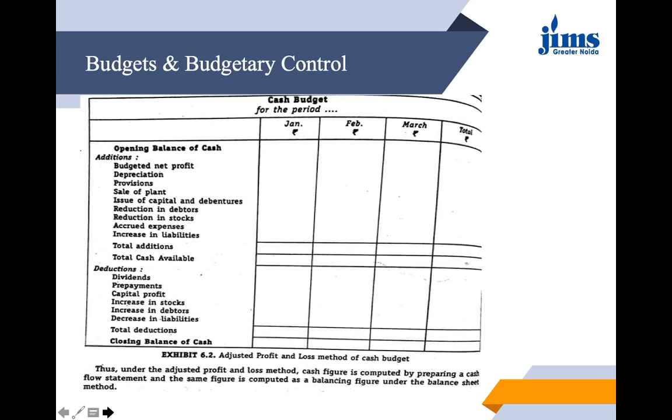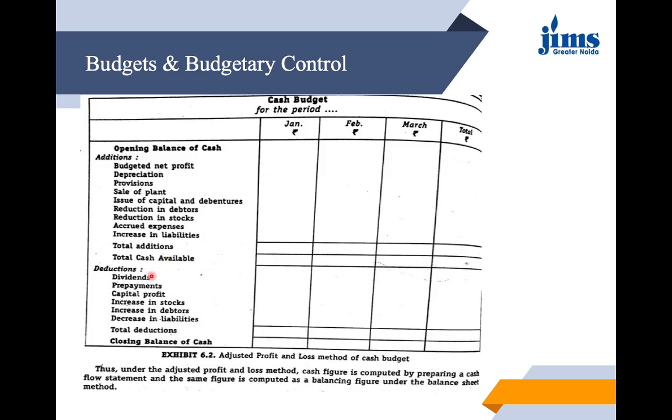This is the proforma. You can see we begin with the opening cash balance and we add all the sources that we have. We begin with budgeted net profit, depreciation, provisions, basically non-cash items, sale of plant, issue of capital and debentures, reduction in debtors, reduction in stocks, accrued expenses, increase in liabilities, and we can have the total additions and total cash available using this.